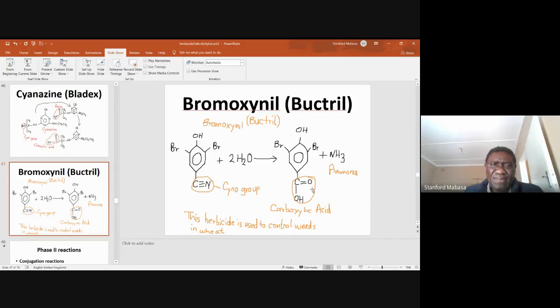So remember, Bactrim is used to control weeds in wheat. So under phase 1, all these reactions are promoted or catalyzed by cytochrome P450.